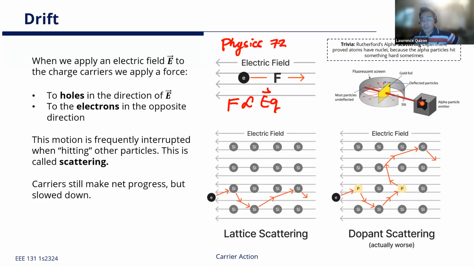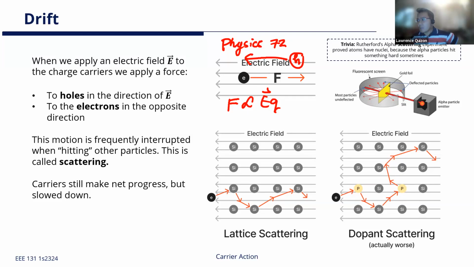For electrons, since these are negatively charged particles, the electrons go the opposite direction of the electric field, right? For holes, they go in the direction of the electric field because they are positively charged, right?